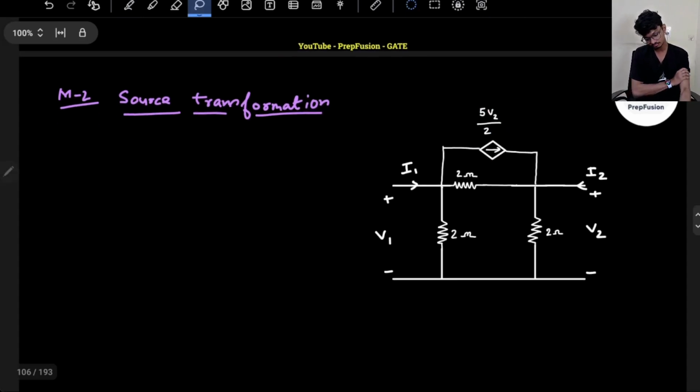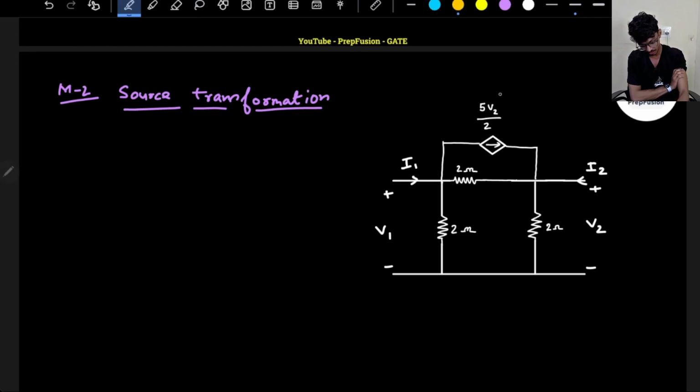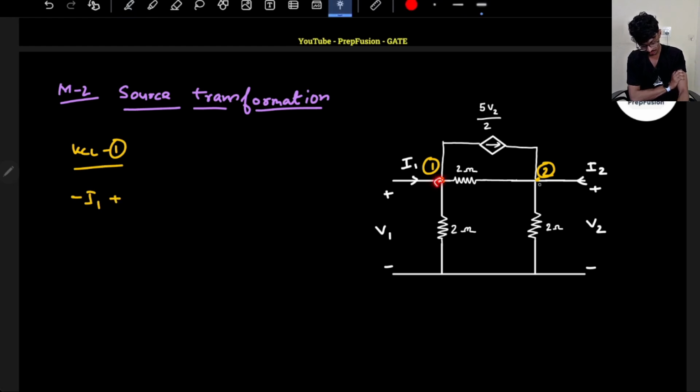So now you can do the same thing, you can apply the KCL. Now it will be a bit simpler for you, because if I apply the KCL here, you will not have any doubts. So this is node 1, this is node 2. Let's write the KCL in the first node. I1 is the incoming current, then this point potential is V1, this point potential is V2.